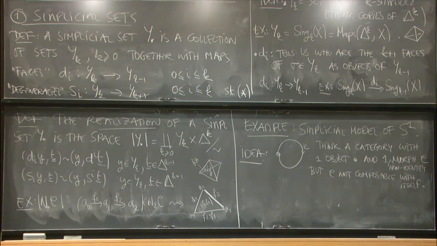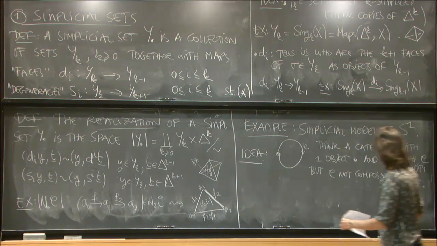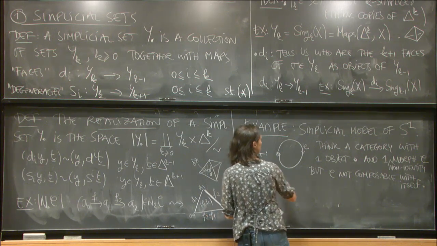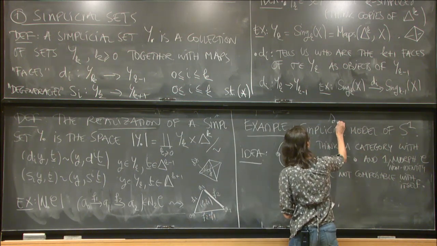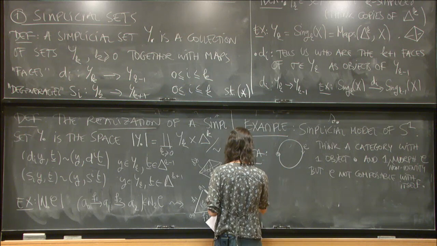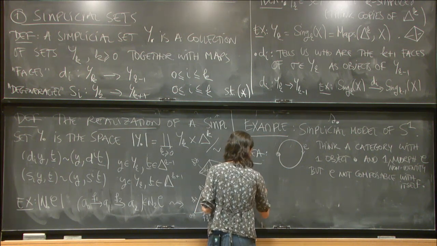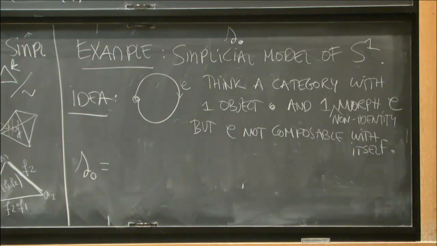There will be a 2 simplex that says E is the identity, and I do not want that simplex. Okay, so let's just write out what it is, right? So now let's call it S dot. I'm going to write it like this. So what is S0? Okay, I'm thinking category, so how many objects?